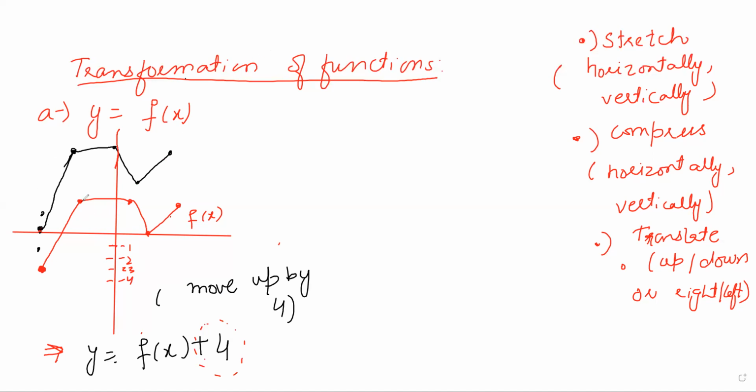This point was, for example, 4 here. So it's moved 4 points up, meaning 5, 6, 7, 8. So this point must be 8, and this point must be 8. So every point is moved 4 units upward, and we again plot the line, and that makes another graph.